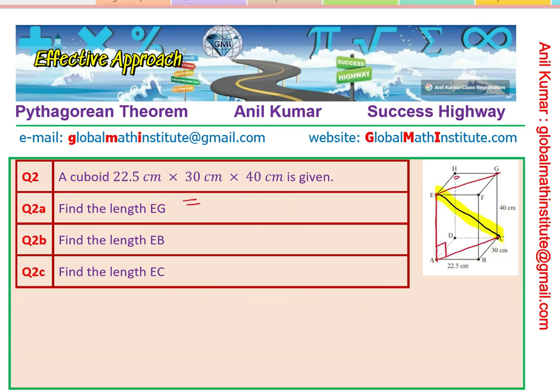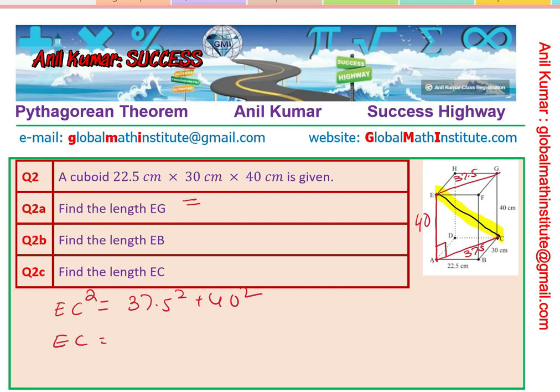So this is 37.5, and this is also 37.5 in the bottom because of the shape, right? And 40 is the height. So basically, E to C square is equal to 37.5 square plus 40 square, correct? And E to C will be the square root of 37.5 square plus 40 square.